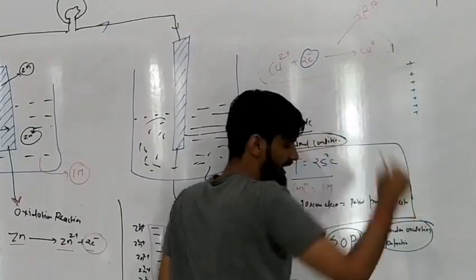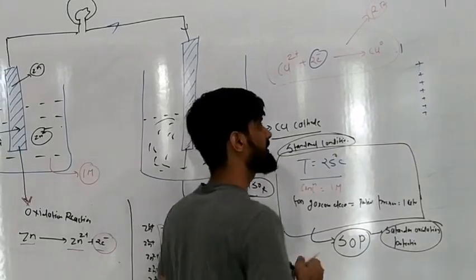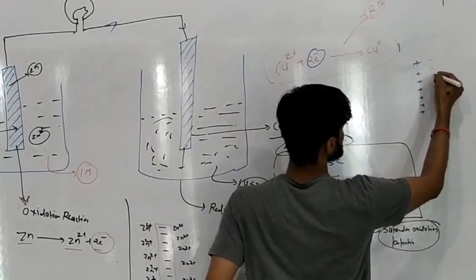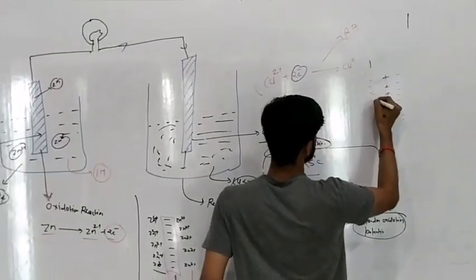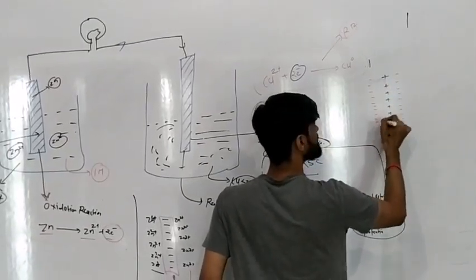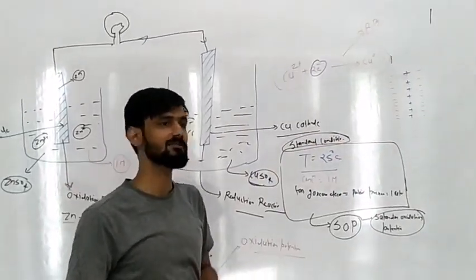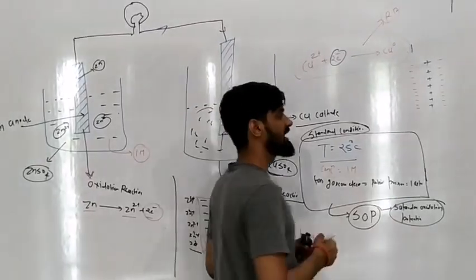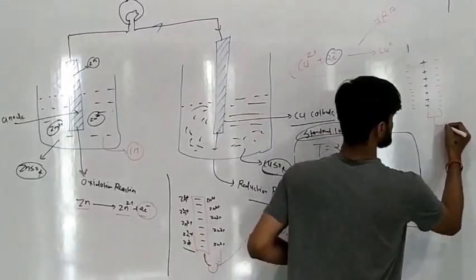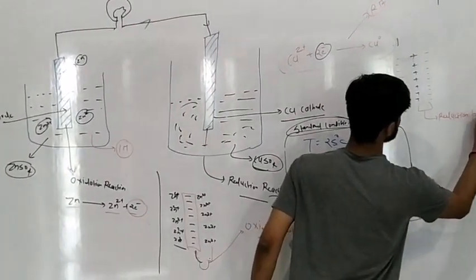If positive charge accumulates on the surface of the cathode, then definitely there is an accumulation of negative charge in the nearby area of the cathode. Due to the presence of opposite charges, there must be a generation of electrode potential, a generation of voltage. This potential will be called the reduction potential.